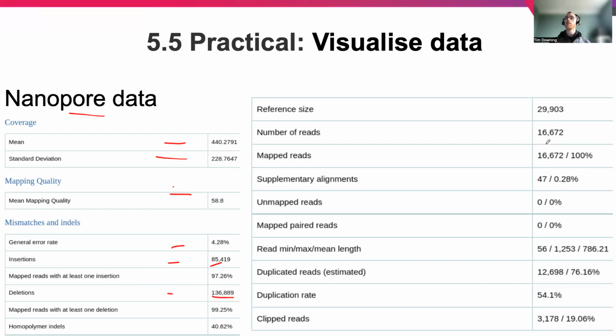We have about 16,000 reads mapping to our SARS-CoV-2 reference of 29.9 kb. There are no unmapped reads, which is good. Duplicate reads, you always expect that there'll be a high duplication rate.